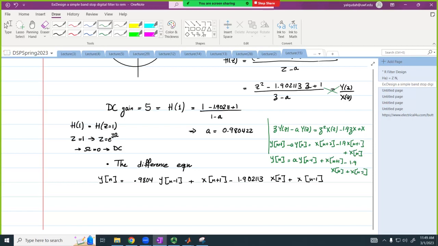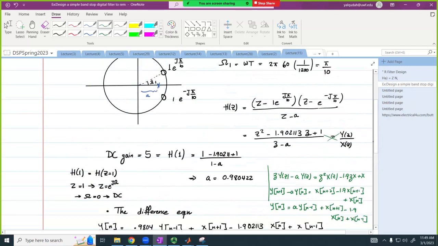No. How do we make this system causal? It's okay. We'll say it, but I want you to remember it forever. What we can do is add another pole at the origin.